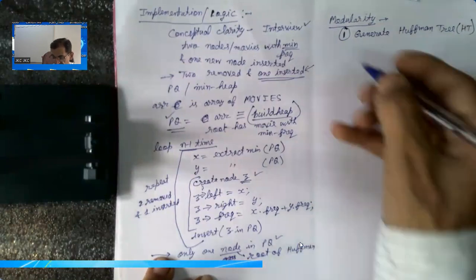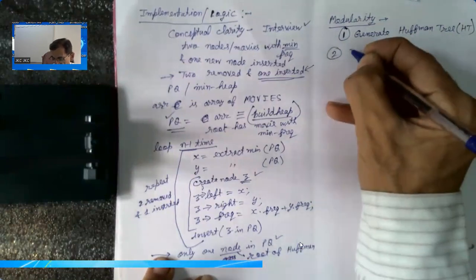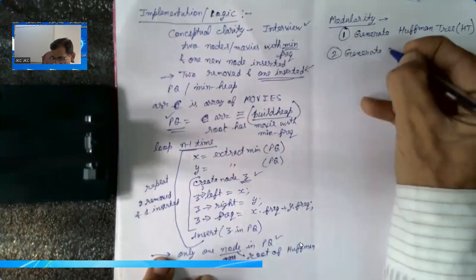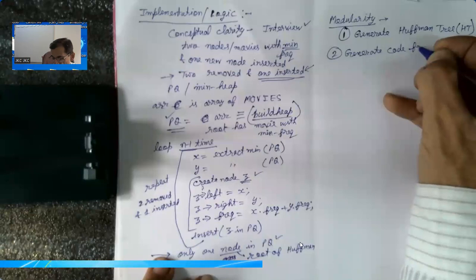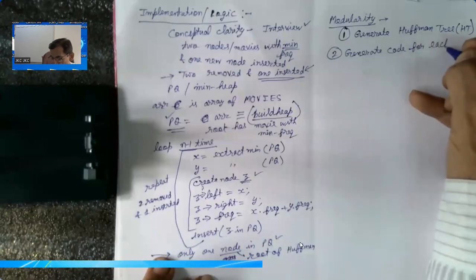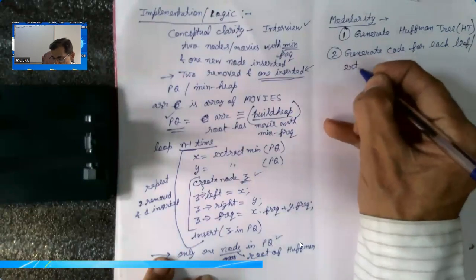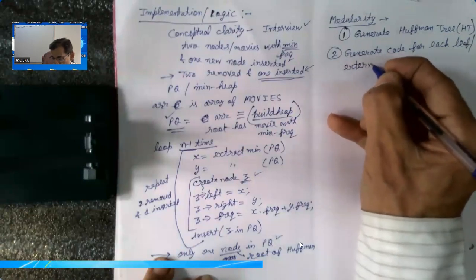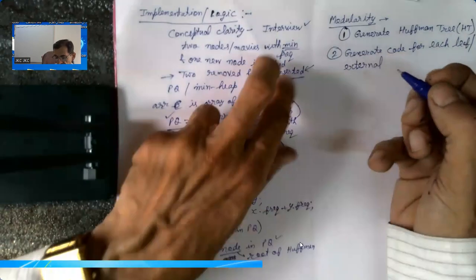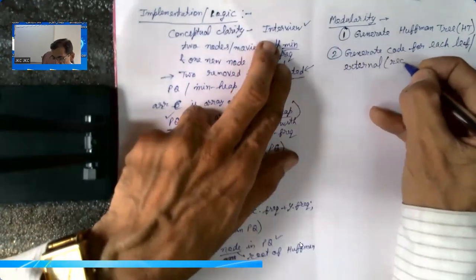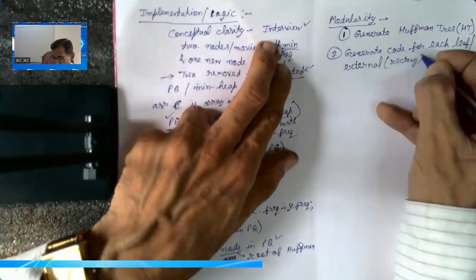Once the tree is ready, I will be generating the code over the Huffman tree. Generate code for each leaf node, and leaf effectively means an external node, not an internal node, because an external node will have the movie name, and external effectively means the rectangle shape, which we have shown in our code.